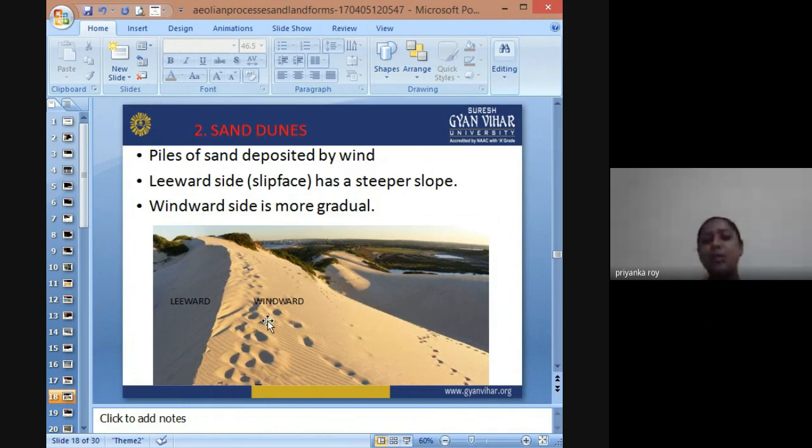So this area where you can see the curve of the wind and the deposited sand material, these are windward side areas, and this is the leeward area where it forms a moon like crescent. Here it starts with the ridge, a high top ridge, and it's a flat surface which goes here. So this is the leeward side of a sand dune.